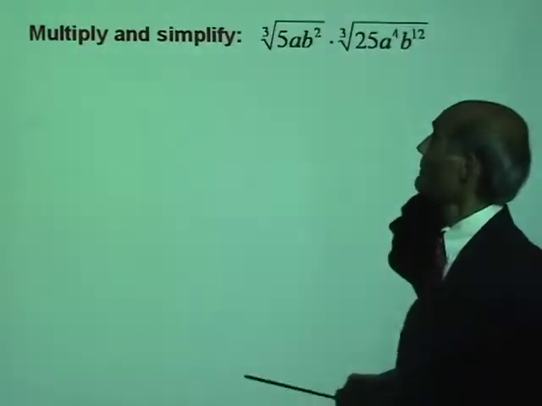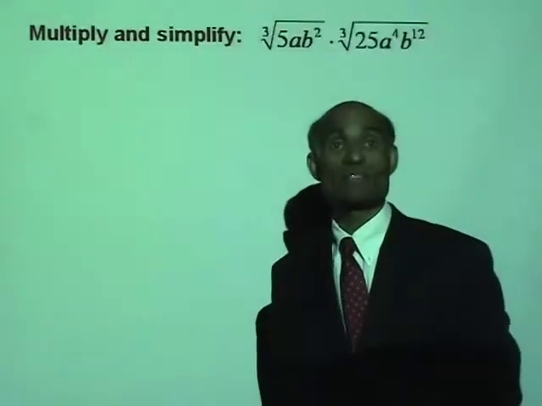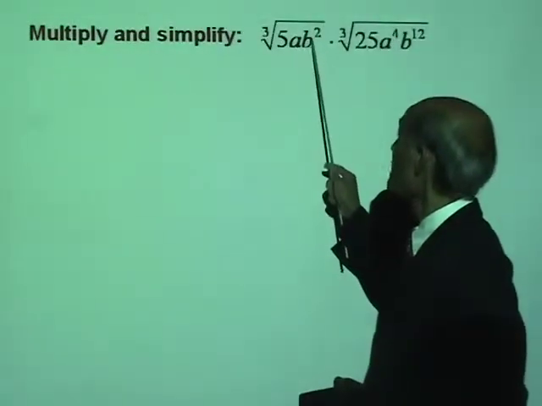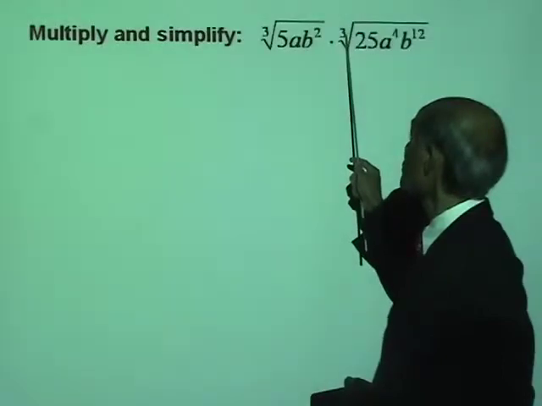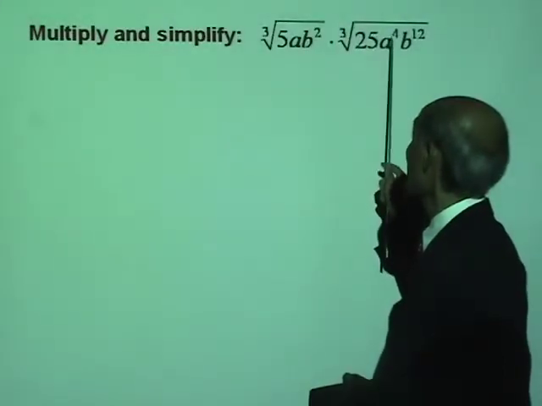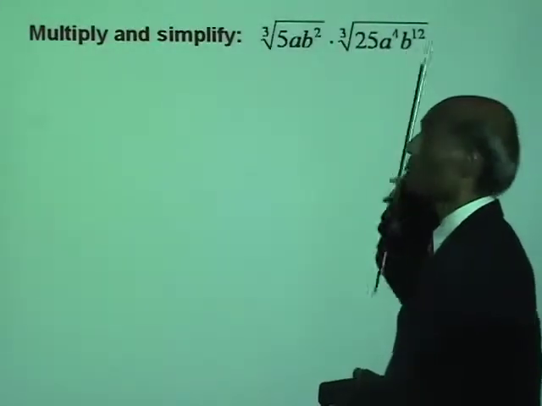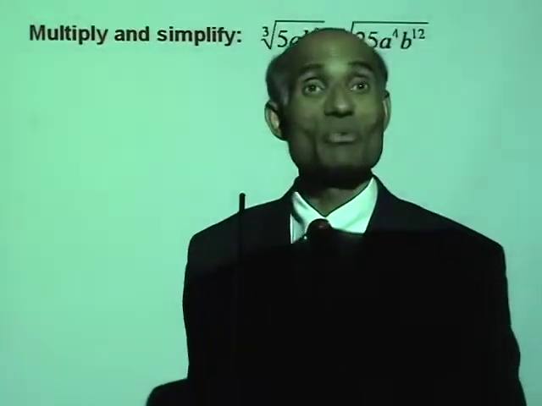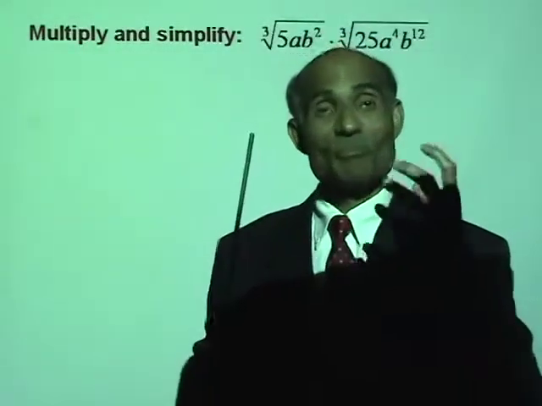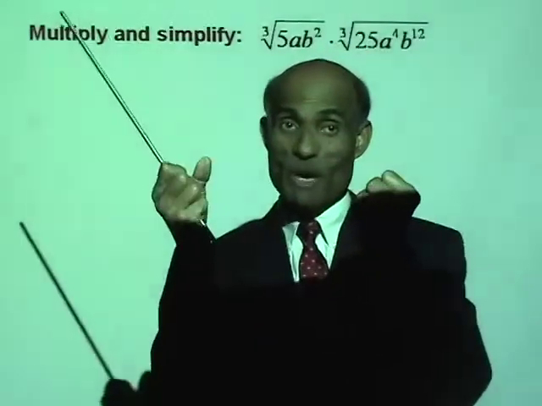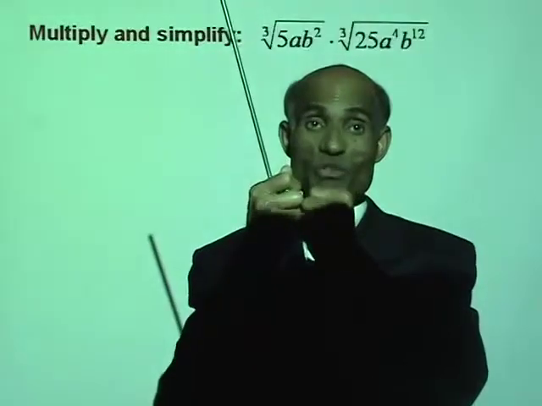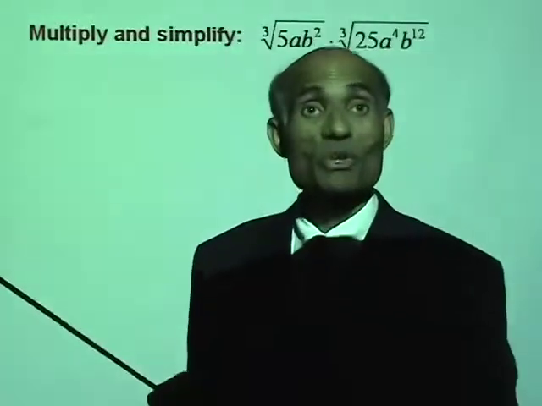Alright, another one. Multiply and simplify cube root of 5ab squared times cube root of 25 a to the power of 4 b to the power of 12. Again, we do the same thing here. A cube root multiplied by a cube root, you can combine the whole quantities inside one cube root.